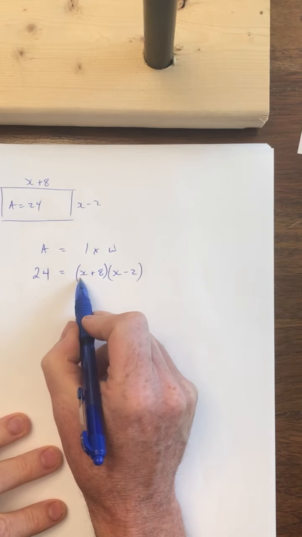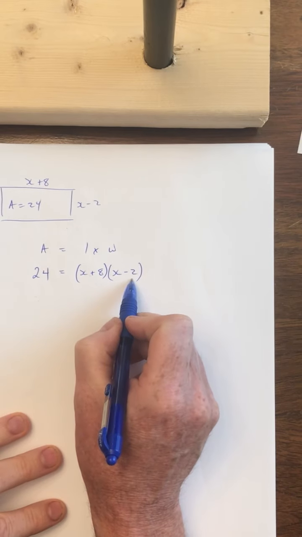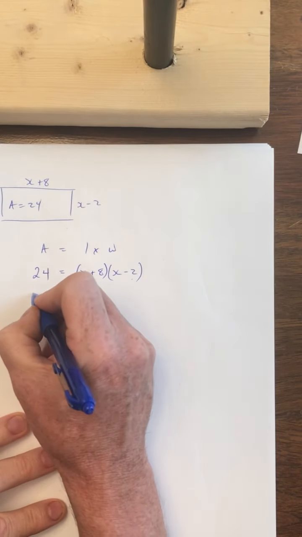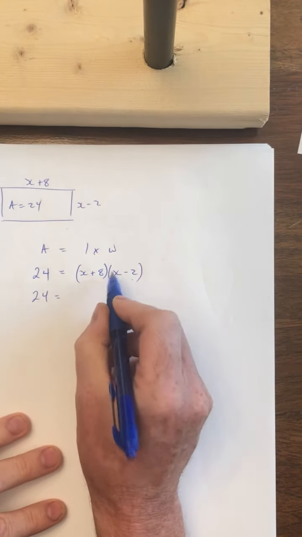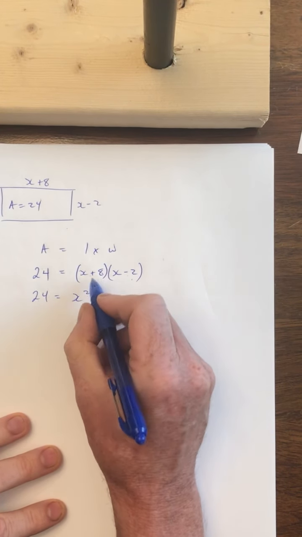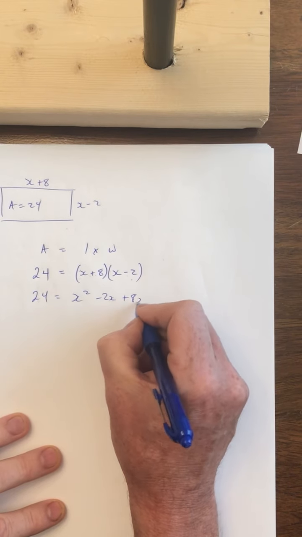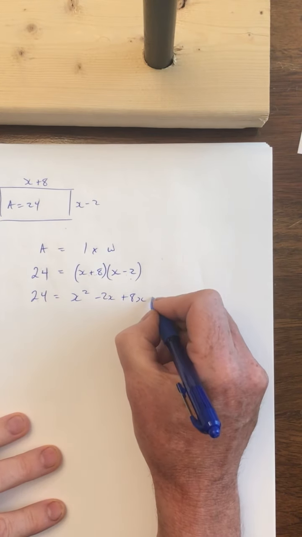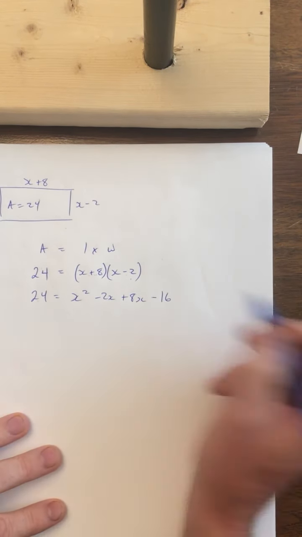Let's simplify by foiling this out. x times x is x squared. x times negative 2 is negative 2x. 8 times x is plus 8x. 8 times negative 2 is negative 16.